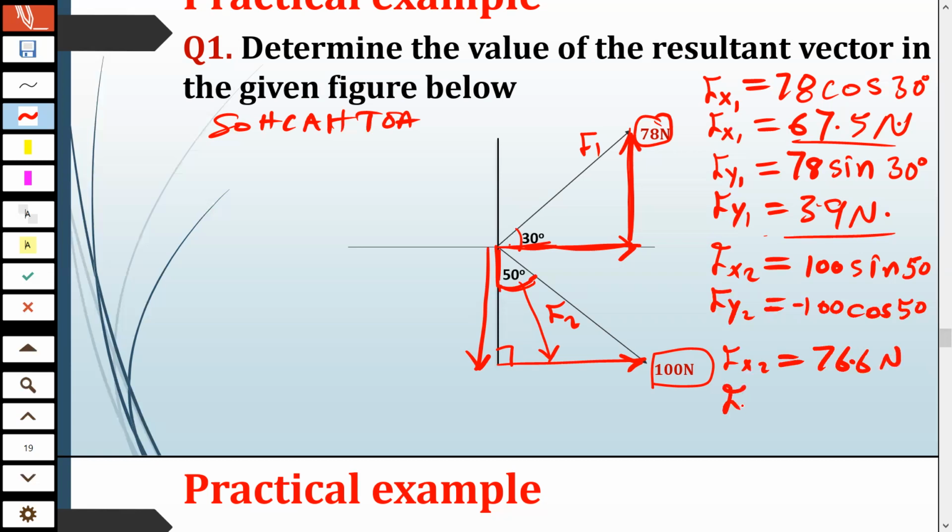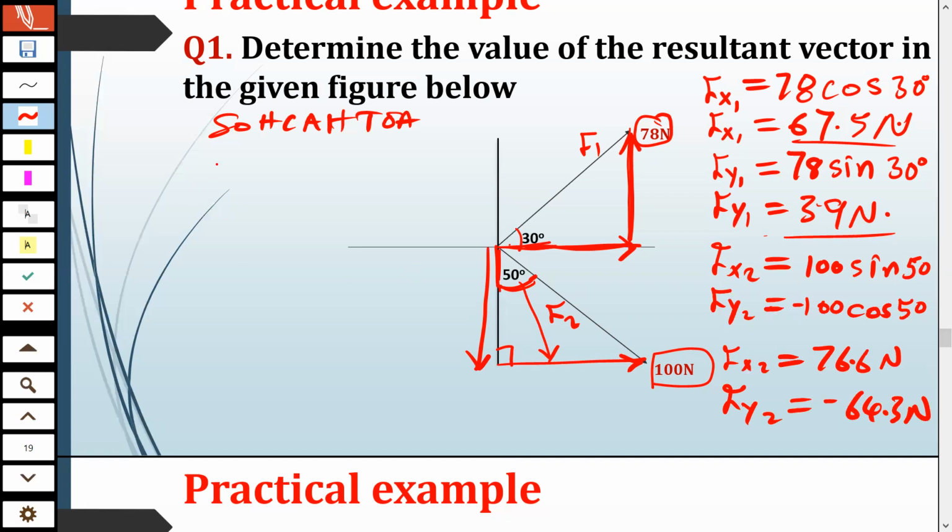And then our Fy2 is negative, so we say cos 50 times 100 gives us 64.3. So this is what we have as our components.